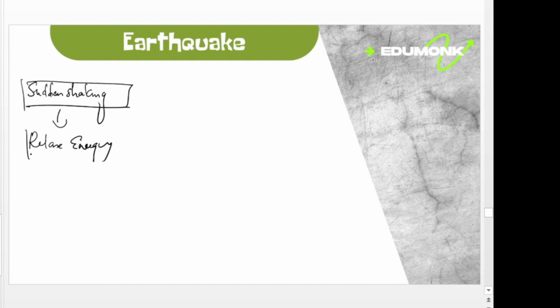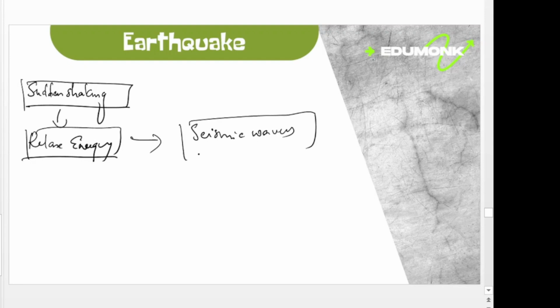Next keyword, this produces seismic waves. So an earthquake can be defined as a shaking of the surface of the earth resulting from the sudden release of energy in the earth's lithosphere that creates seismic waves.